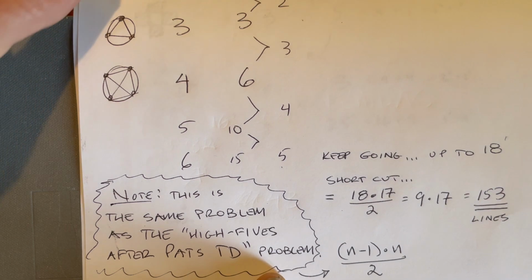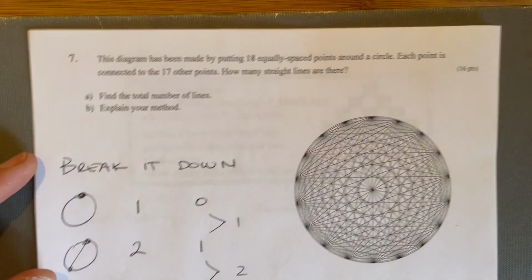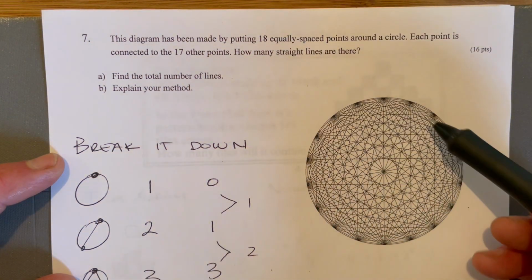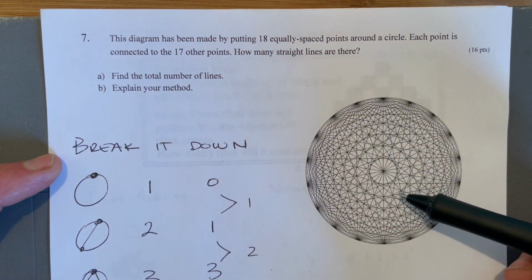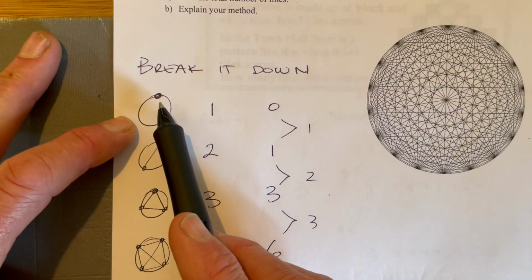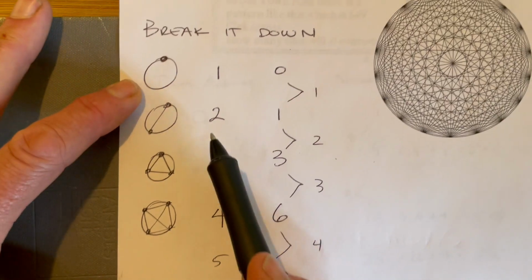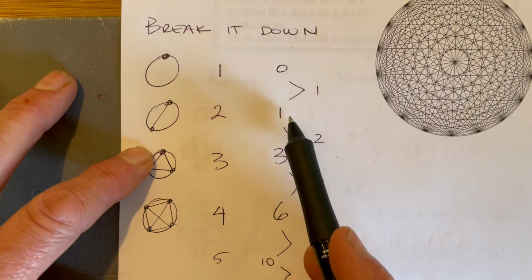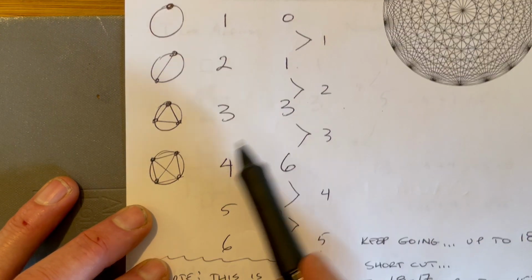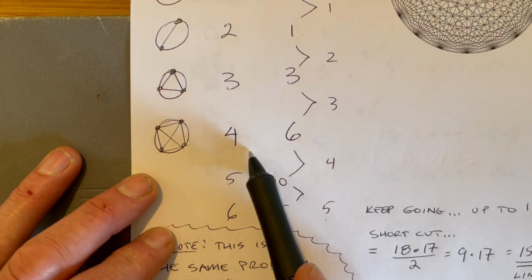Then 7 is a very visual problem, and this whole thing is about breaking it down. This is too many lines for me to count. It's a nice pattern and all that, but what if I had just 1 dot on the circle? I couldn't connect any lines. If I had 2 dots on the circle, I could connect 1 line. If I had 3 dots in the circle, I could connect 3 lines. 4, carefully, I can do 6.